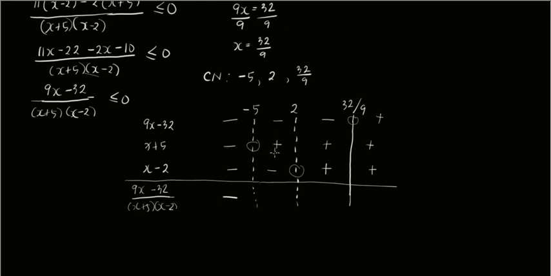Negative divided by the product of this is positive. Pinagmumultiply natin tong dalawang to kasi multiply din sila dito sa denominator. So, negative divided by negative, it's positive. Negative divided by positive, it's negative. And everything is positive, so we have positive.